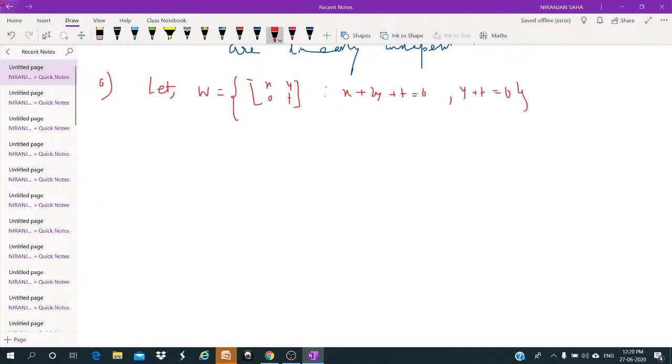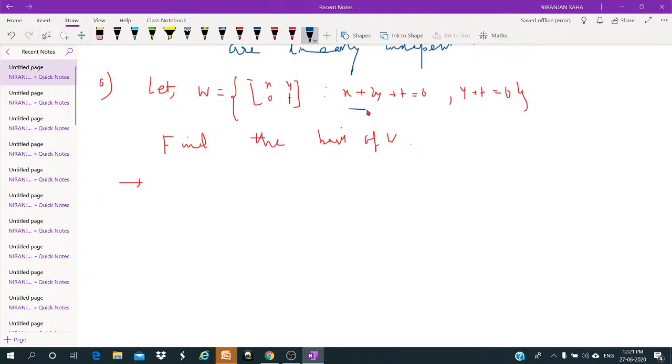So we have to find the basis elements and the basis of W.